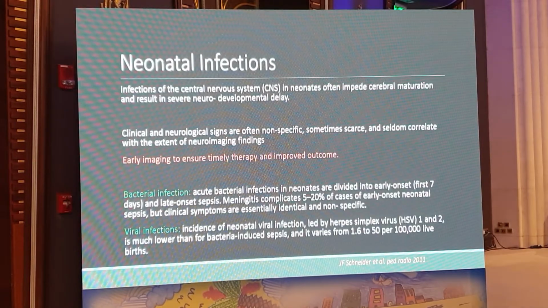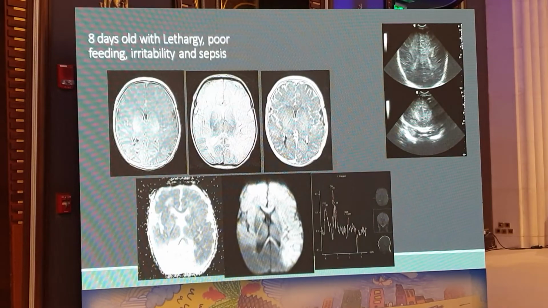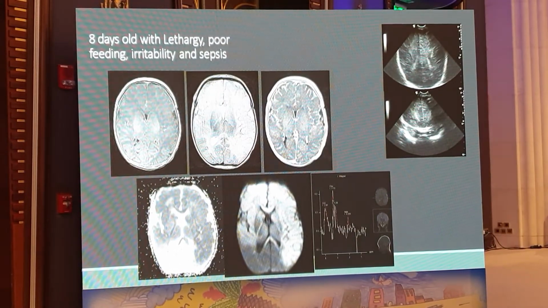Neonatal infections can impede cerebral maturation, of course, and can lead to neurodevelopmental delay. This patient is 8 days old with lethargy, poor feeding, irritability, and sepsis. The ultrasound shows mild brain edema, but no specific changes.